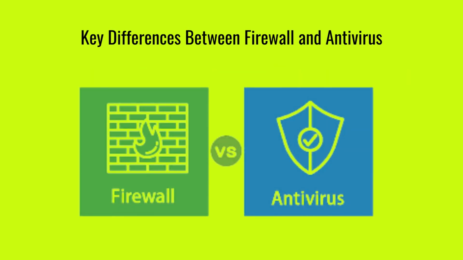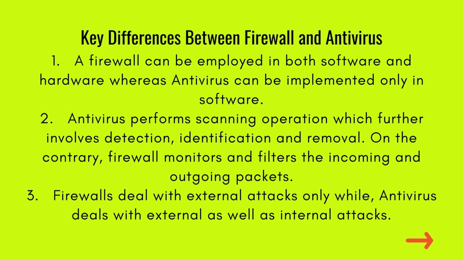Key differences between firewall and antivirus. Number 1. A firewall can be employed in both software and hardware, whereas antivirus can be implemented only in software.